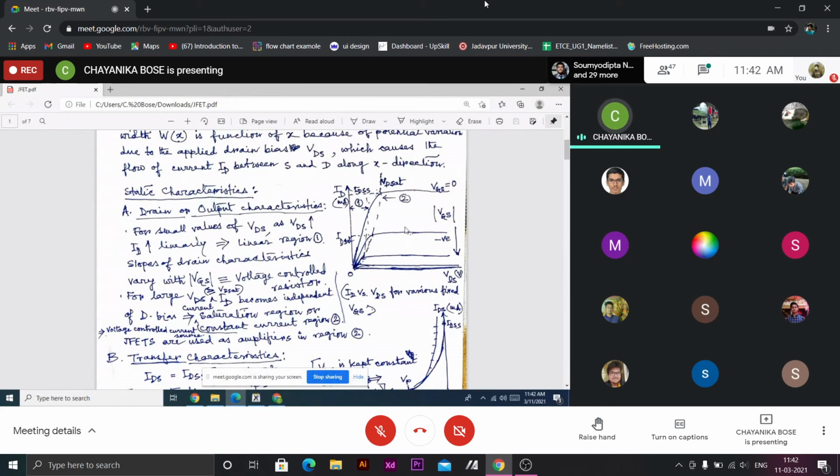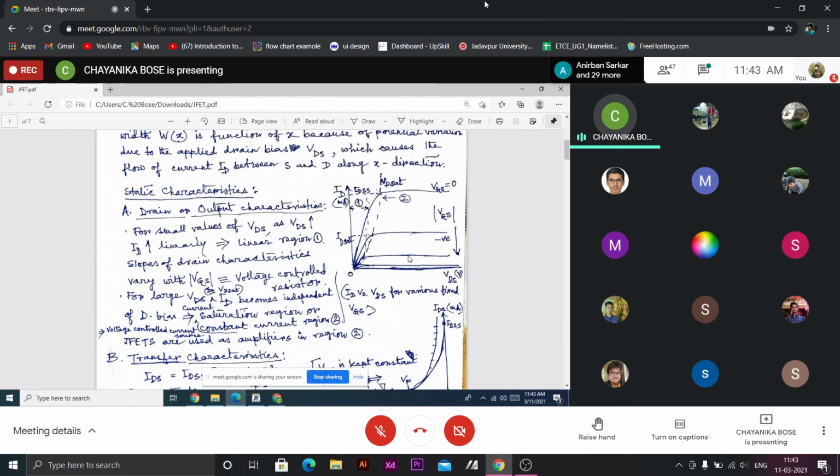So when a non-zero VGS is applied, the device will need a smaller drain voltage to get the specific reverse bias. So VD saturation also reduces as gate voltage increases. And at the point where VGS is VP, the entire channel is shut off and no current flows.